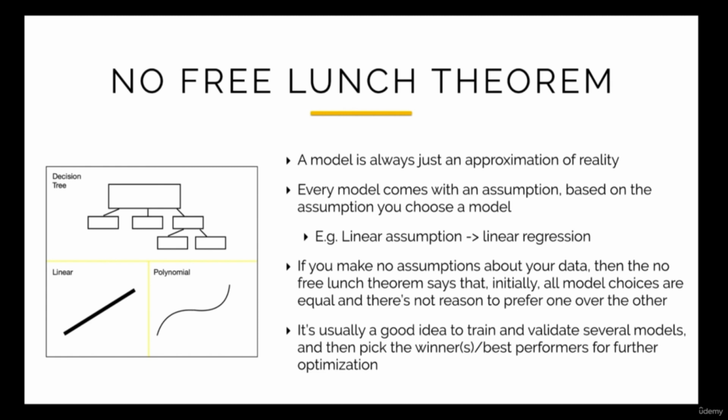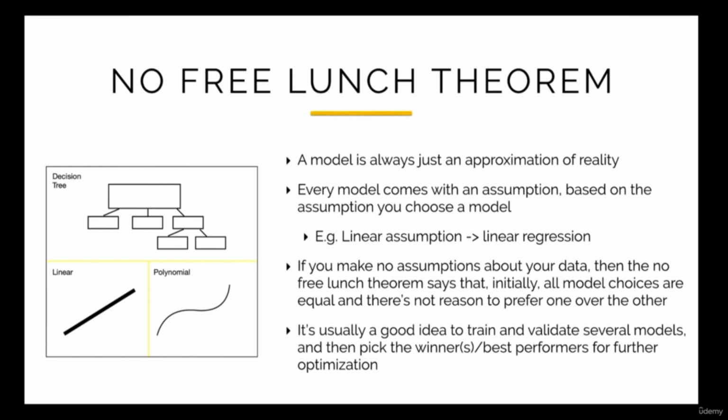Now, if they all perform equally well, then at this point you're free to choose, but usually you're trying to narrow down the number of models. A lot of times you don't just come up with the model, because it's extremely difficult to know what the initial correct approach is.